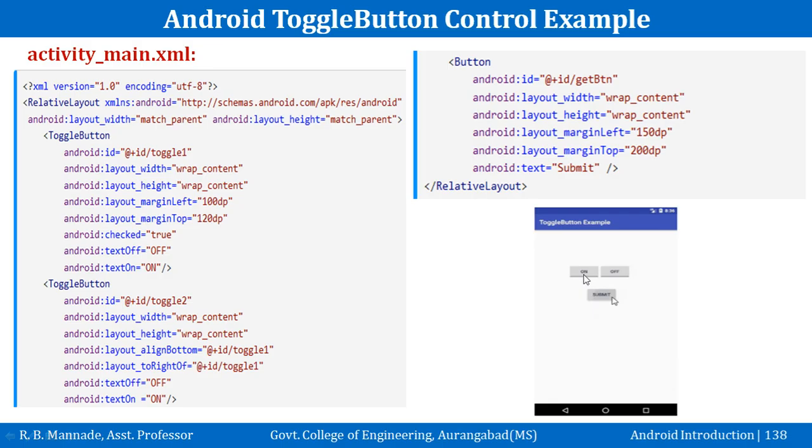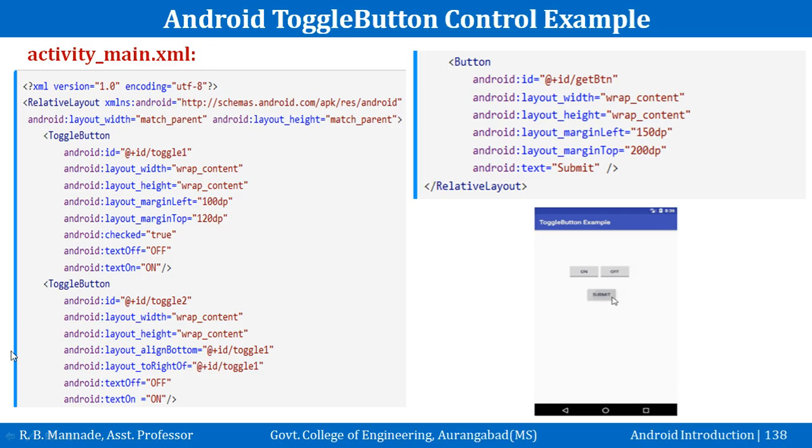Similarly, for toggle button 2 we have the ID toggle2, then width, height, bottom margin, and the layout_toRightOf property, to place this button to the right of toggle1. These two buttons reside side by side, which is why toRightOf is set to the ID of the toggle1 button. It means this toggle button will be displayed to the right of toggle button 1, as shown here.